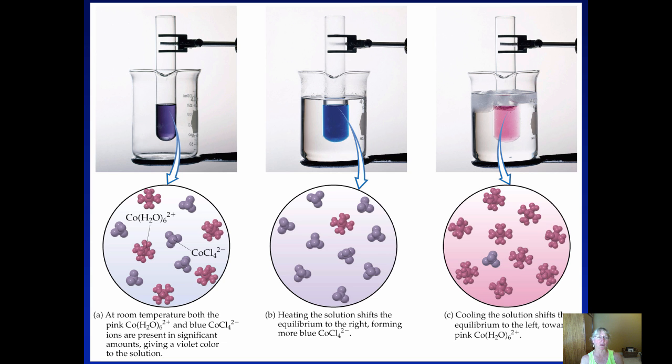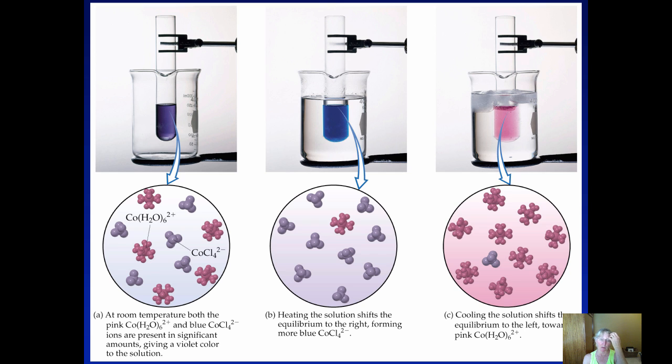Here's another picture of the situation that we just saw. At room temperature, you have a purple solution because you have significant, equal amounts of the cobalt with 6 waters and the cobalt with 4 chlorines or chlorides.